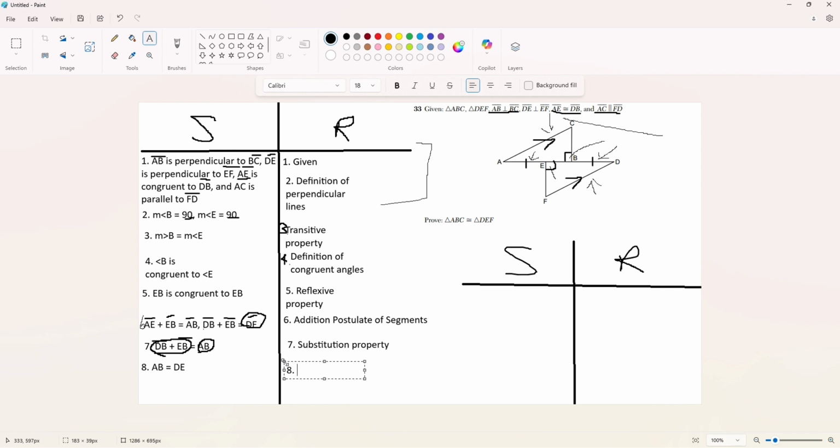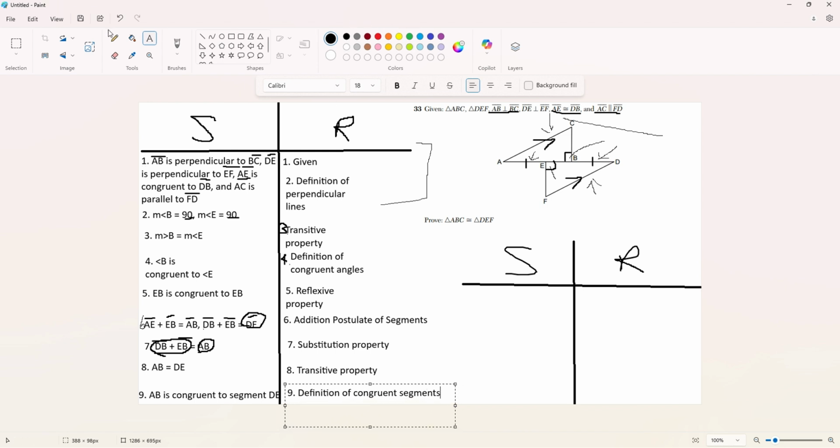AB is equal to DE due to the transitive property. Next up, now we can say that segment AB is congruent to segment DE. This is possible by the definition of congruent segments.